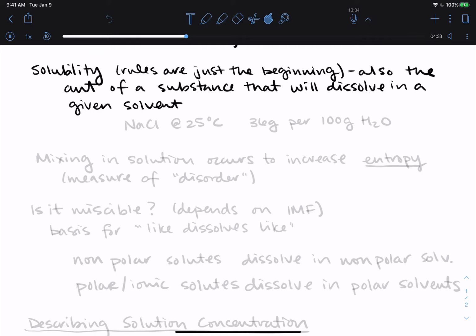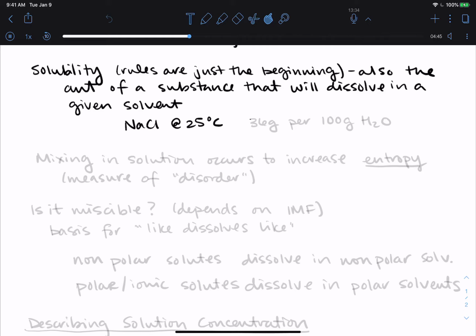An example of this, sodium chloride, at 25 degrees C, you can get 36 grams dissolved per 100 grams of water. So that's pretty soluble.